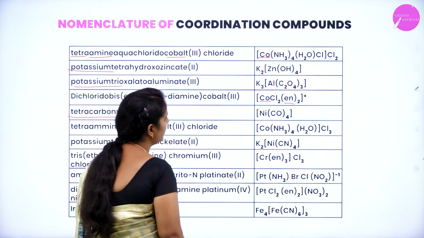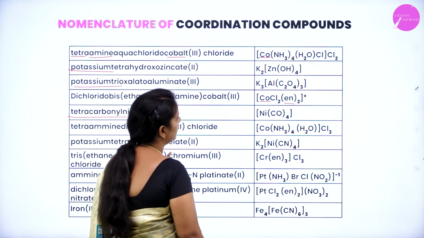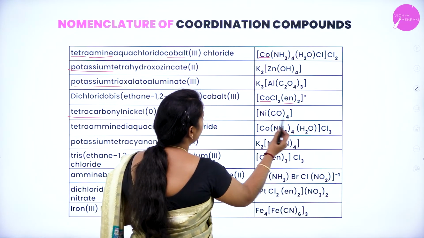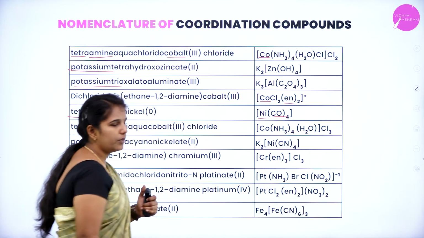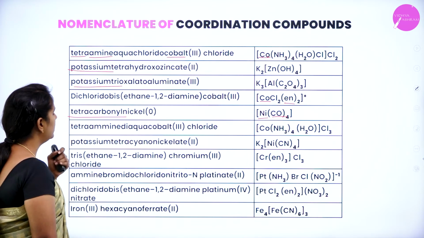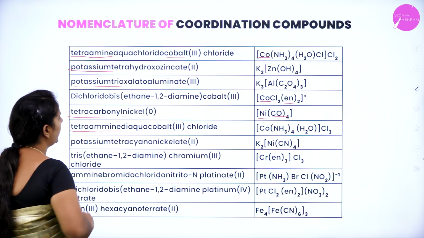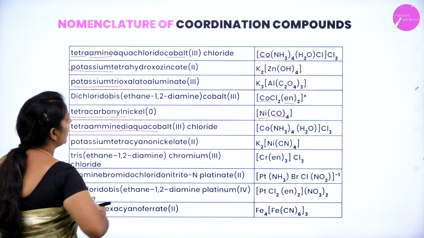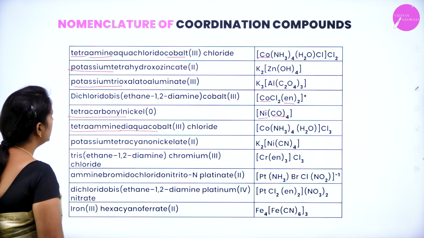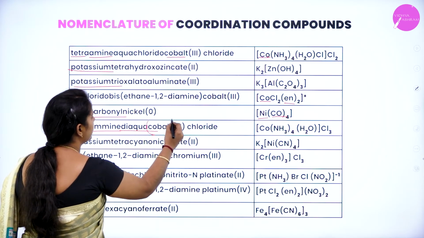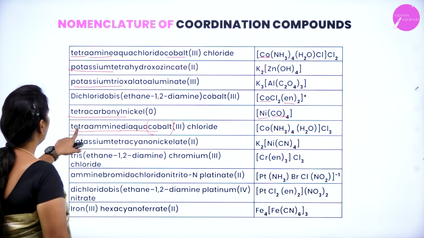Okay, next we have tetracarbonylnickel(0). This is the example for the neutral complexes where the nickel will carry 0 charge. Nickel is my central metal atom surrounded by 4 carbonyl groups as ligands. Next we have tetraamminediaquacobalt(III) chloride. So cobalt is my central metal atom surrounded by what?